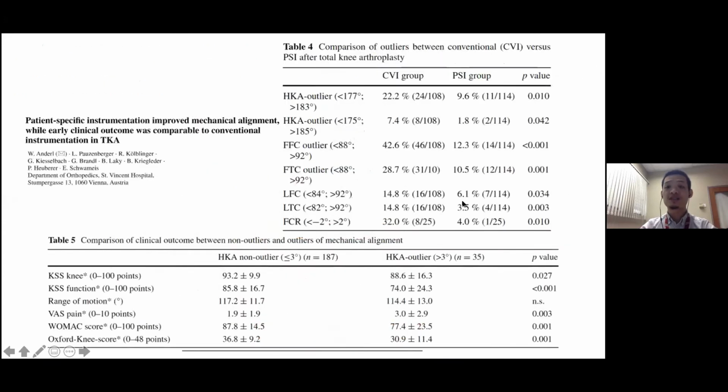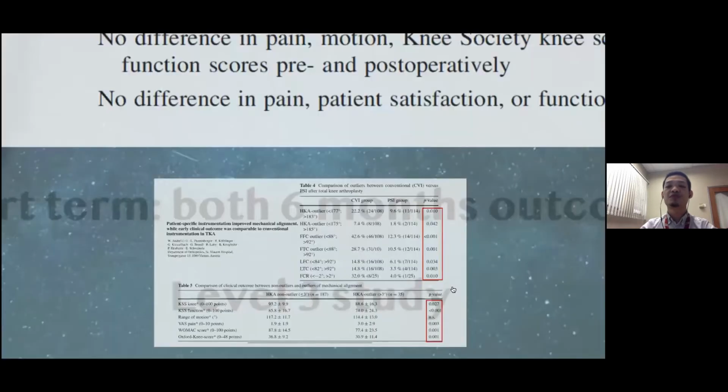But what we noted is that there are significantly fewer outliers in patients who use this patient-specific instrumentation, and patients who are outliers have a significantly worse outcome in terms of their joint function scores.